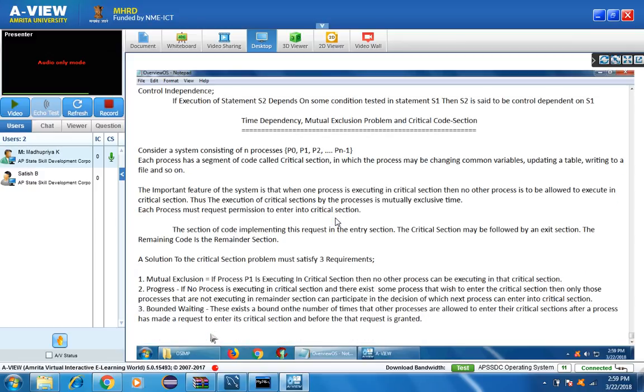That is about bounded waiting. And these are our three requirements that will overcome the problem of critical section.